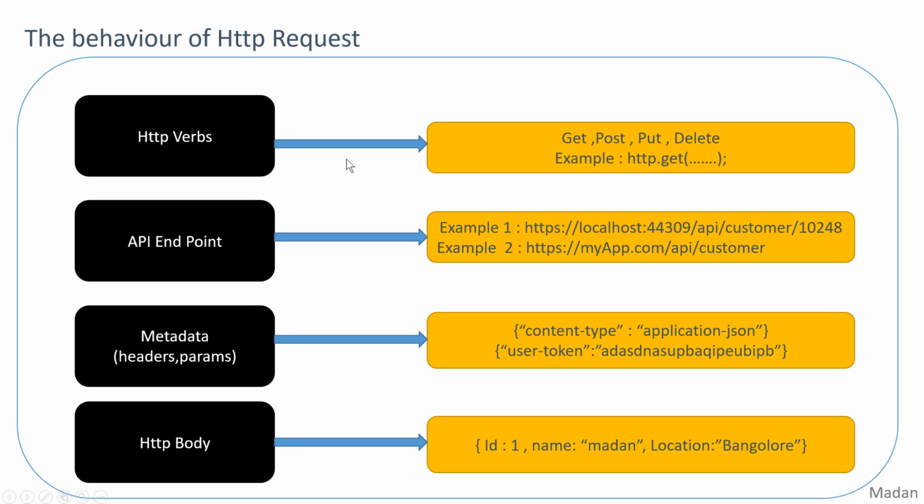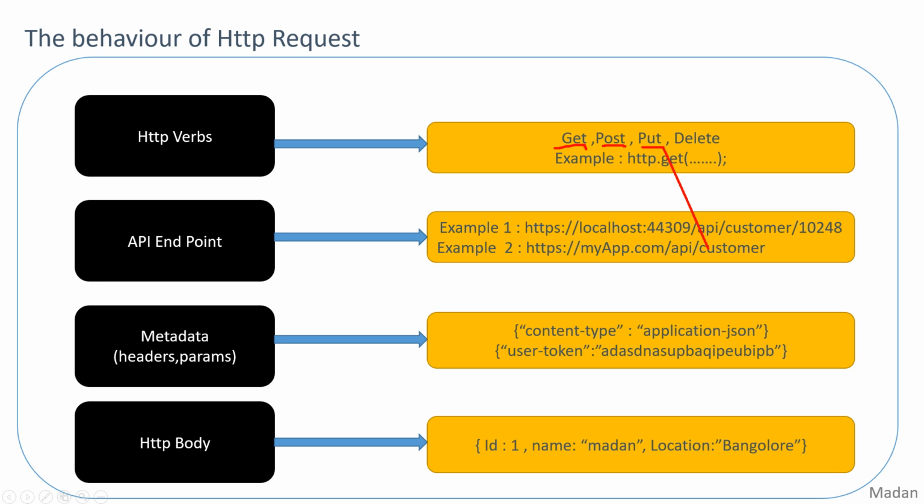Now, what is the HTTP verb? An HTTP verb tells which kind of request you want to send, whether that is a get request, meaning you want to fetch the records, or you want to insert a record in the DB, or you want to update a record. Just imagine that you are using a registration form.